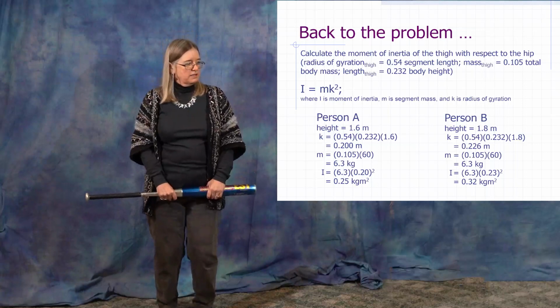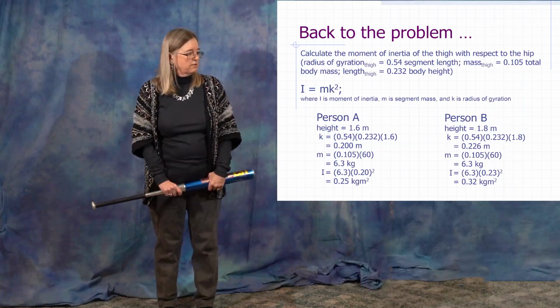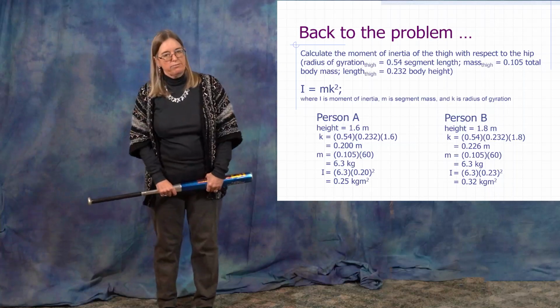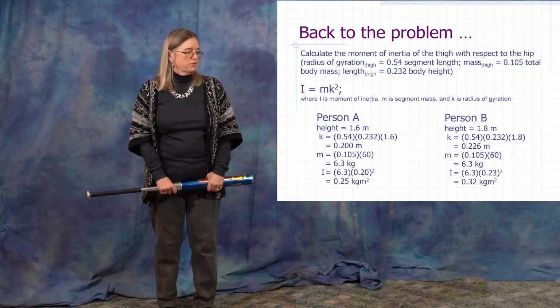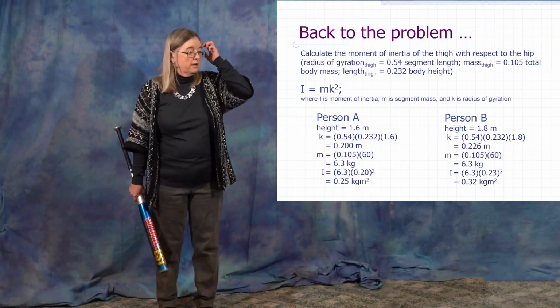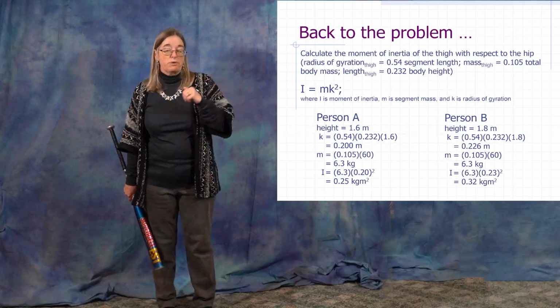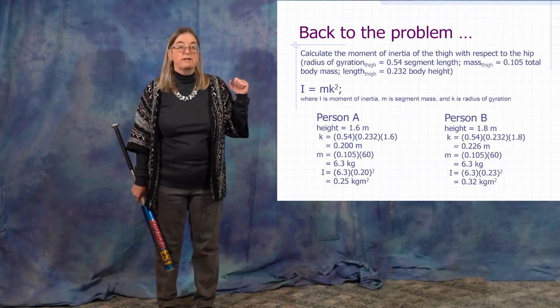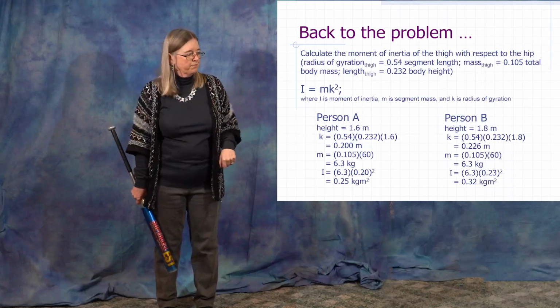The mass is a 60 kilogram person times 0.105, or 10.5% of the body mass, or 6.3 kilograms, where you can see that 6.3 times 0.2 squared is going to be your moment of inertia, or 0.25 kilogram meters squared.